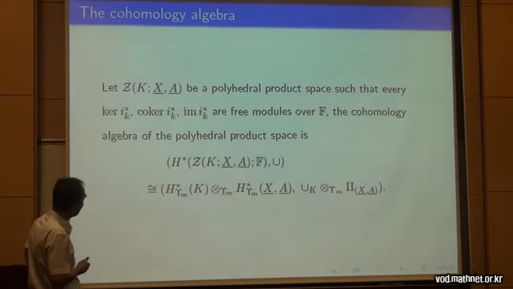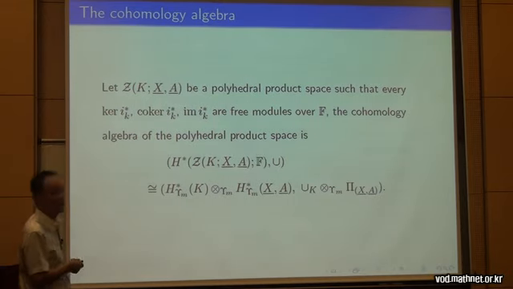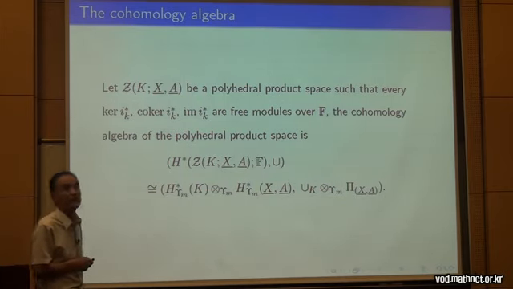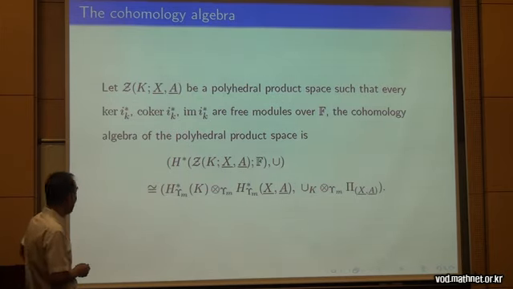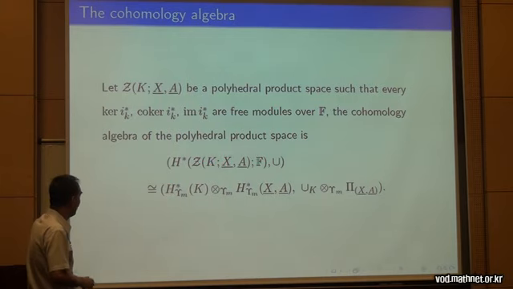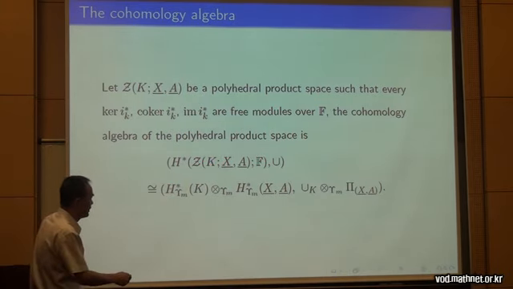And this is our result. Conditions are the same as before: the polynomial is such that the kernel, cokernel and image groups are all free groups. Then the cohomology algebra of the polyhedral product space is this algebra tensor this algebra.